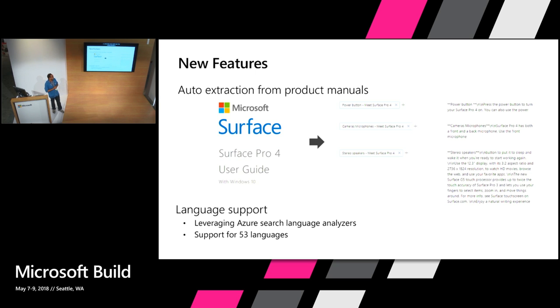We are able to leverage that right out of the box from Azure Search. So we can now support over 53 languages in which your KB can be authored, because Azure Search has 53 language analyzers and we build on top of it. That's the fourth thing that's new with the GA stack.